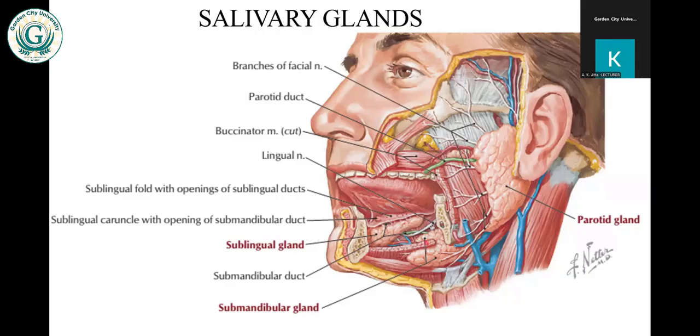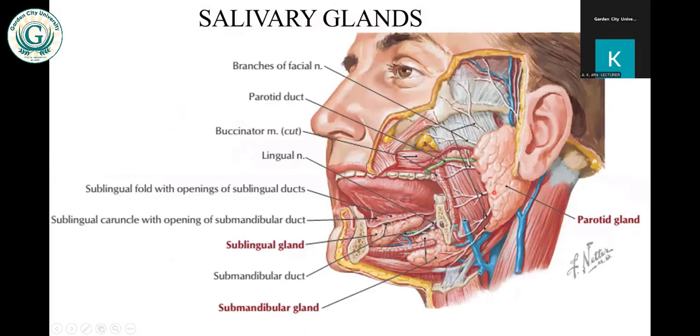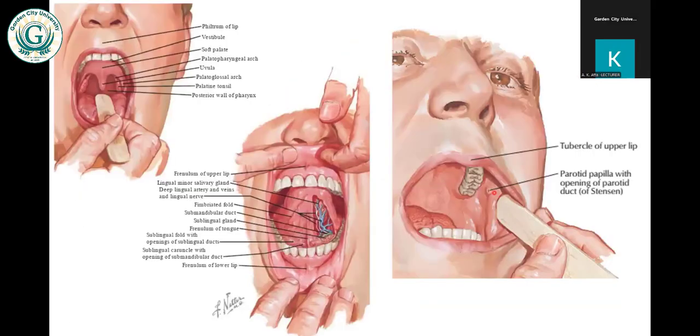The submandibular also has a single duct, but the sublingual has several ducts, and they all open on either side of the lingual frenulum. This is the opening of the parotid duct. And we looked at the role of the components of the saliva and how they help in the digestive process.